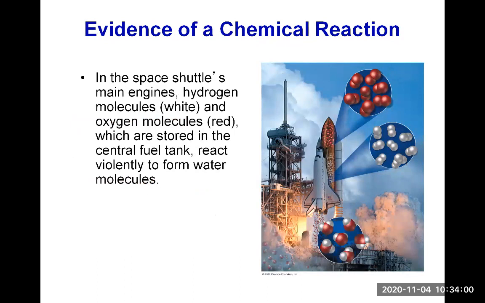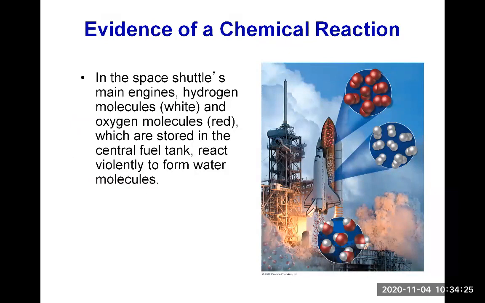Here there is a picture showing a space shuttle starting to be launched. In the space shuttle's main engines, we have a hydrogen tank, represented by the white molecules of H2, two hydrogens bonded together.